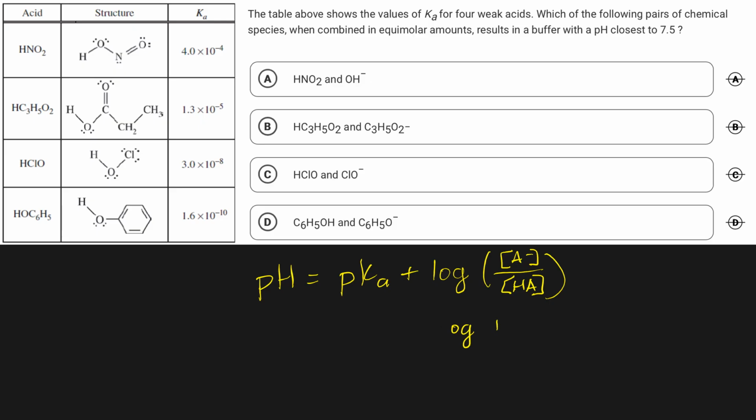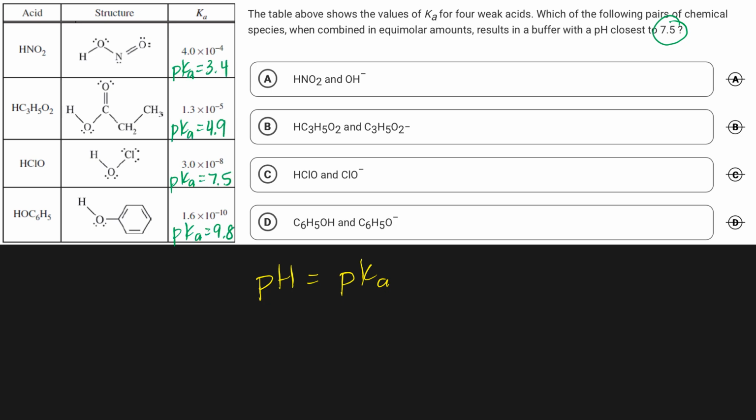Which means if our concentrations of weak acid and conjugate base are the same, the pH is equal to the pKa. So if we're looking for a pH of 7.5 and they're equal molar amounts, then we're looking for a Ka whose negative log is going to give us a value closest to 7.5.